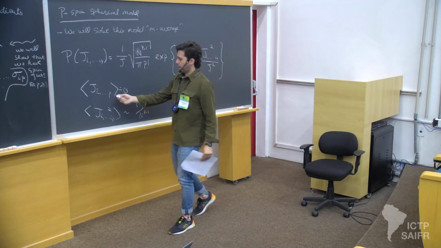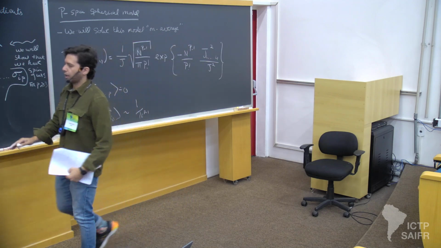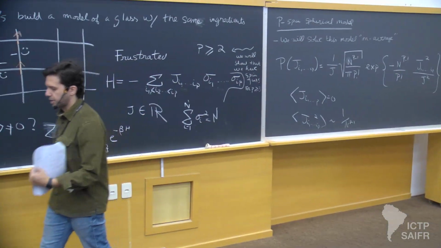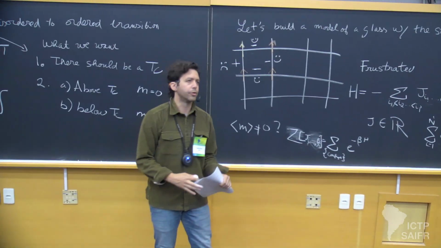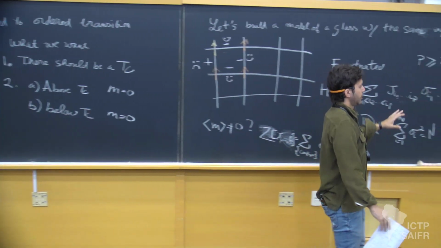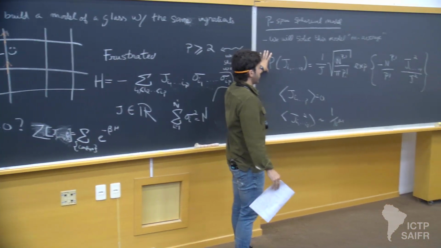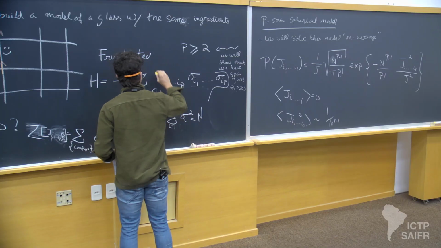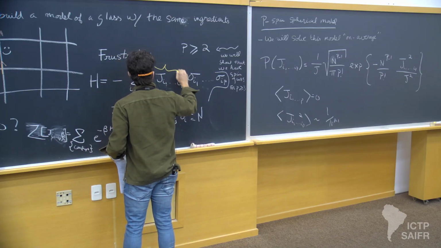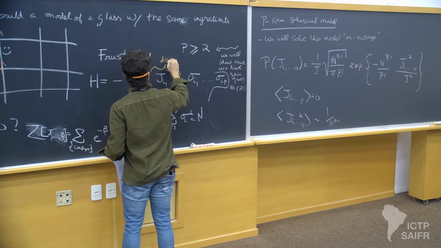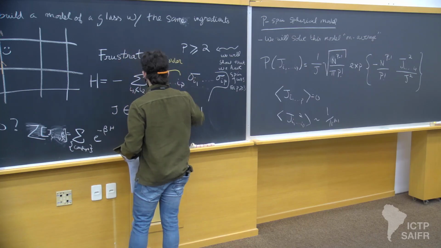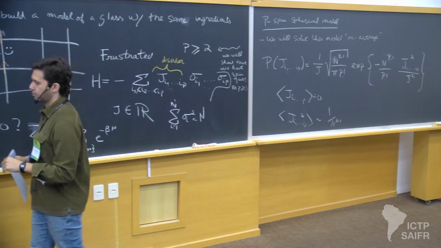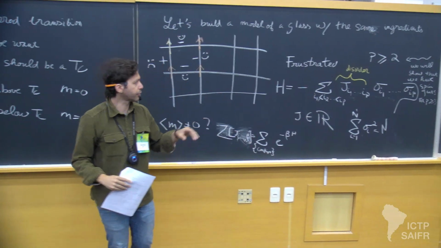But suffice to say that we're not going to be able to solve this for any specific set of J's. What we're going to have to do is disorder average. So these J's are called the disorder. The name is, I guess, self-explanatory.